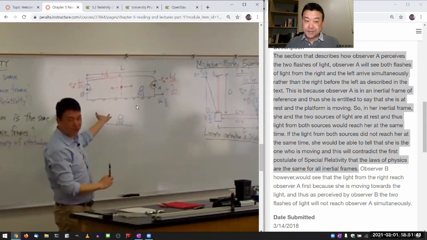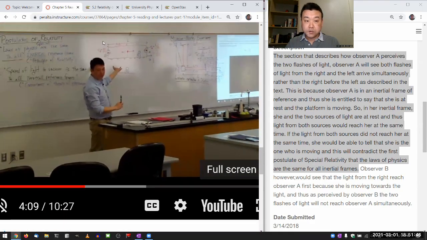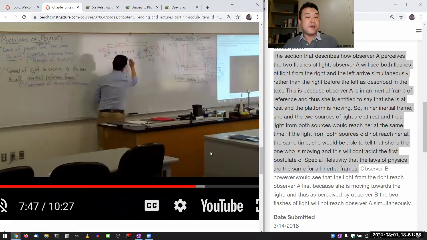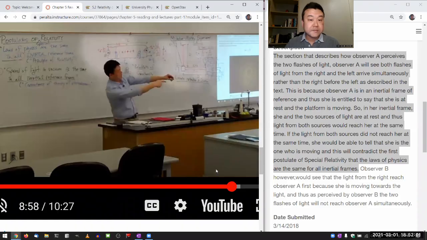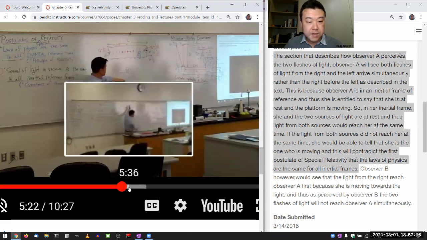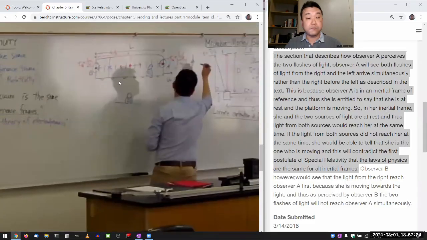And what you see here described is that once you've set it up so that this light pulse will reach A and B simultaneously, then what you will find, working through this and applying the second postulate, which I guess I describe around here also, is that in the reference frame of the guy on the train station, the light pulse that reaches the back end of the train reaches it before the light pulse that reaches the front end of the train.